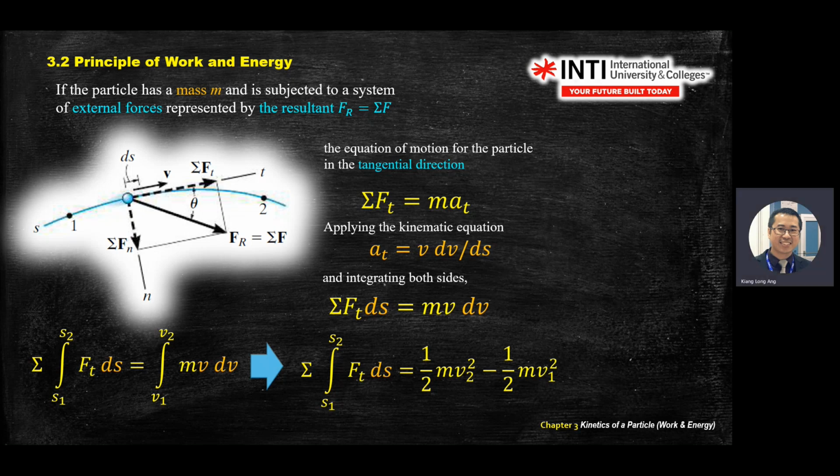So by looking at the equation that you see on the screen, on the left hand side is your work. On the right hand side is your kinetic energy. You explain this equation. Work done because of the force on the object will be equal to the change of your kinetic energy. Kinetic energy at velocity number 2 minus kinetic energy at the initial position.